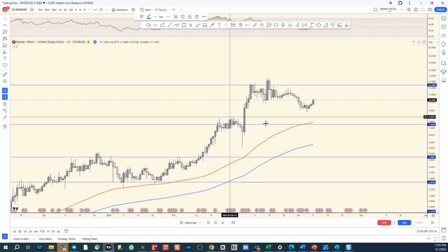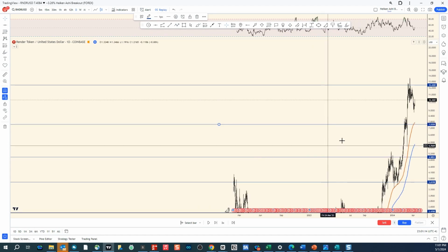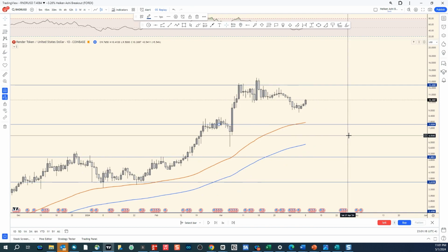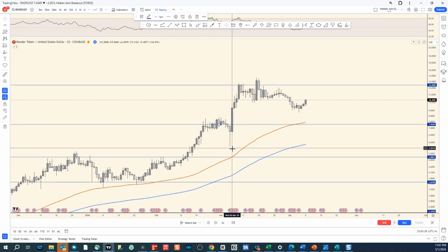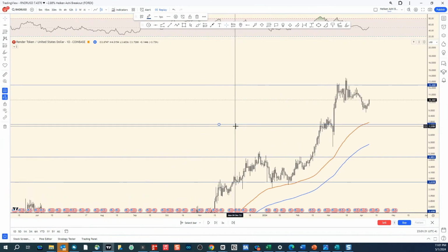We mark that out, and it should align strictly with your supply and demand level. That's the first check. As of right now, I can see that it does. We can see that this is very good at aligning with that level.